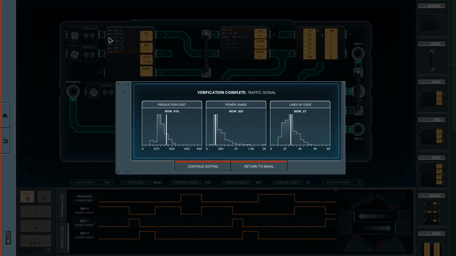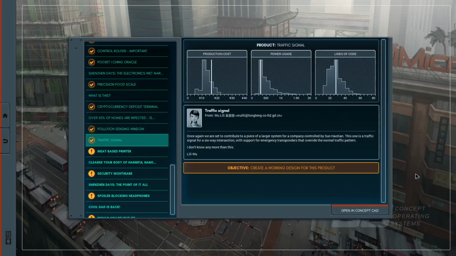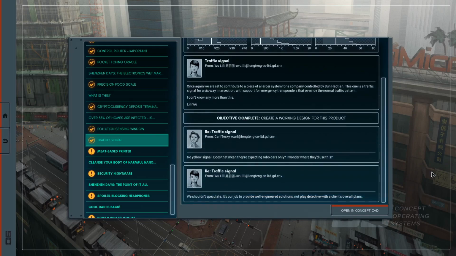I don't know. There might be a way to... because this isn't using its lines, just the pins of a MC6000. So if I could eliminate... If I could get these X buses down to... I don't know how I'd do that, though. No, this felt necessary. All right. But somehow it wasn't. No yellow signal.